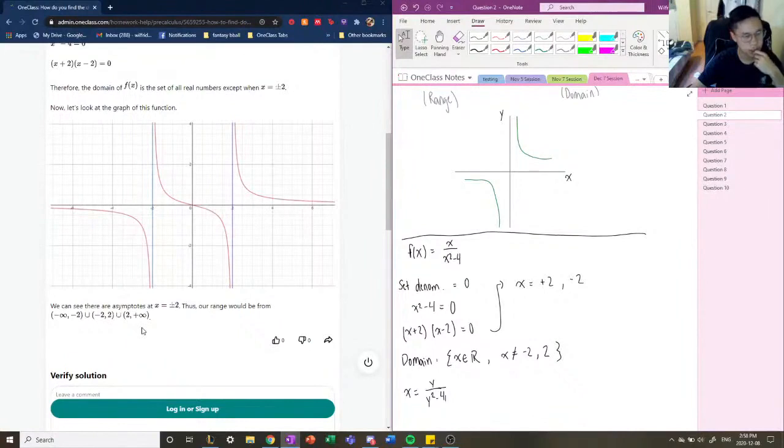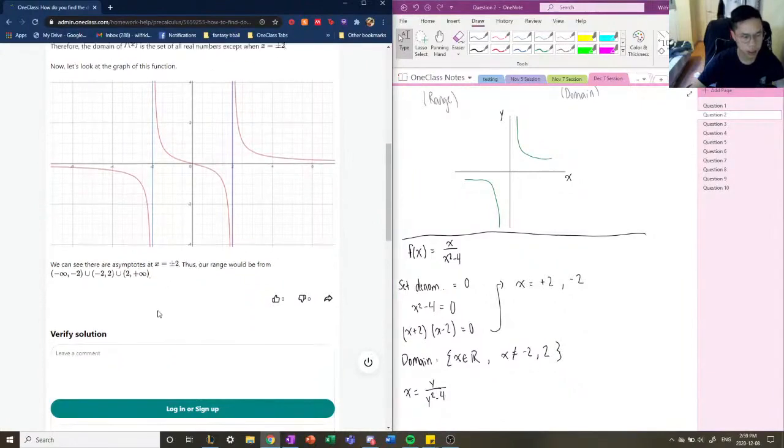And that's because you can see here that the range is measuring what are the possible values of y, and we can see here that this graph is always going to be trending from negative infinity to positive infinity up here, right? And it's also going to be close to 0 too, so it's the whole real value here. I don't know what they mean by this, but I do not think this is correct actually.